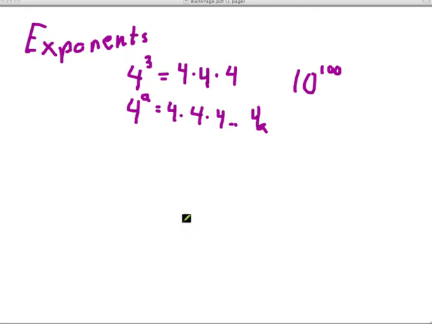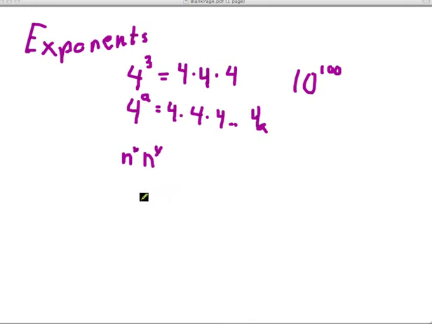times. All right, now let's go over some of the rules for mashing exponents together. So let's say we have n to the x times n to the y. I always like to use examples of real numbers because sometimes they're just easier to think about. It's good to practice with both variables and real numbers.